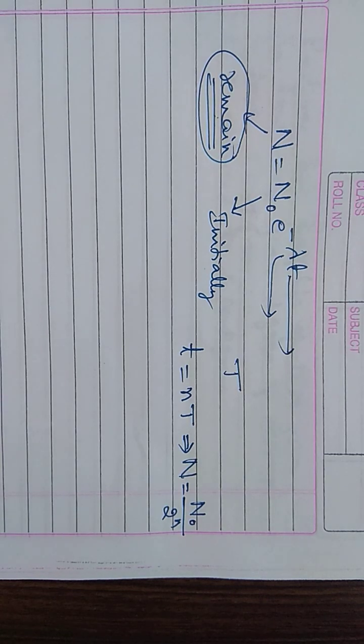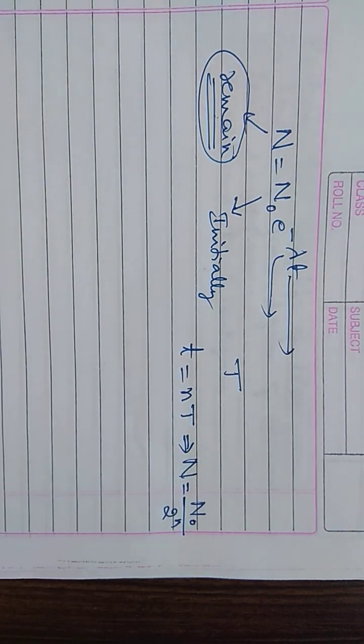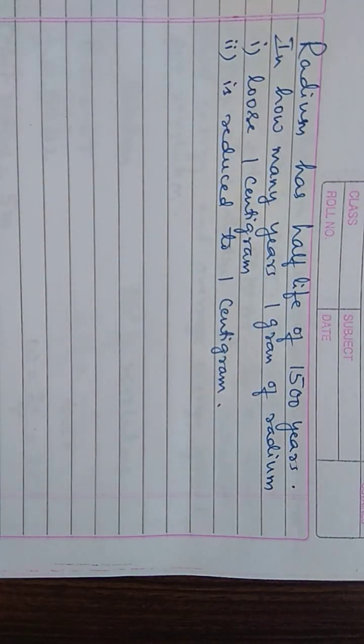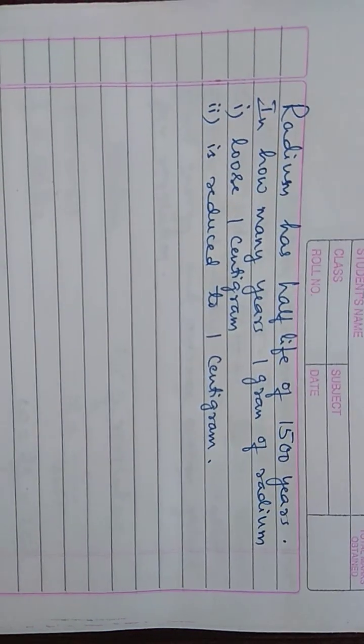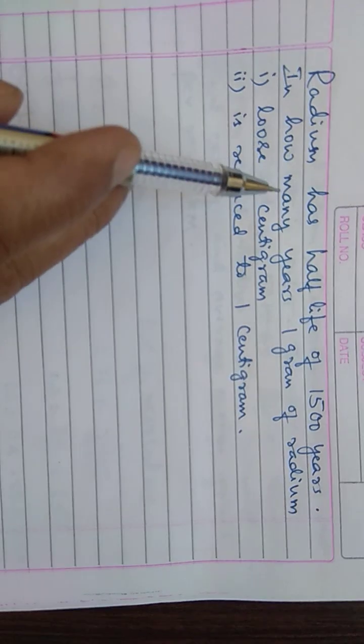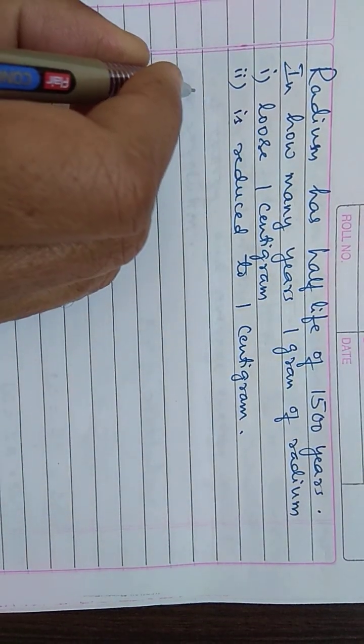Using the half-life concept, we have all these formulas. Based on this, we are supposed to solve the problem. So what does that problem state? Let us take up this problem now, one by one. Radium has a half-life of 1500 years.